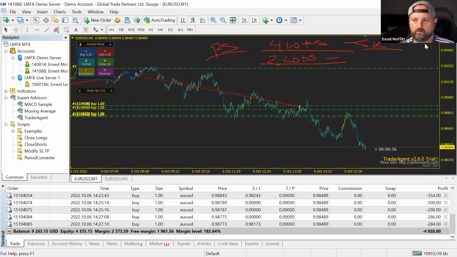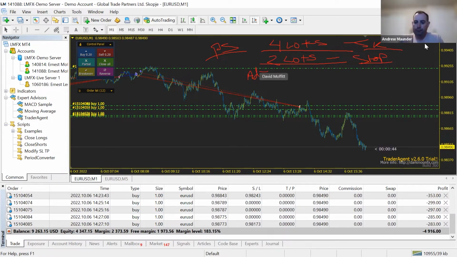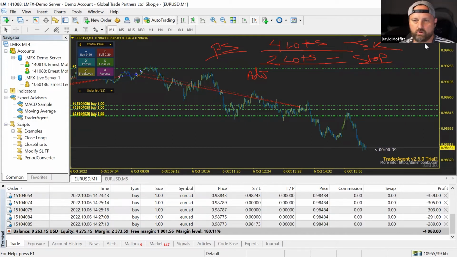When you're up to 2 lots, you need to stop trading and look for opportunities to adjust your trades, to recycle your trades, to get those trades off for profit so you can put that back on. So you can remove them and trade within 2 lots. You need to stop stacking more on.